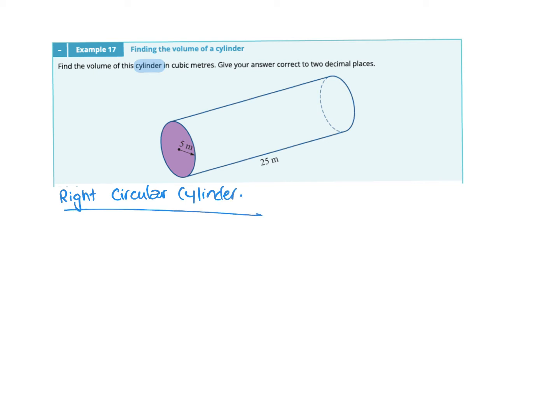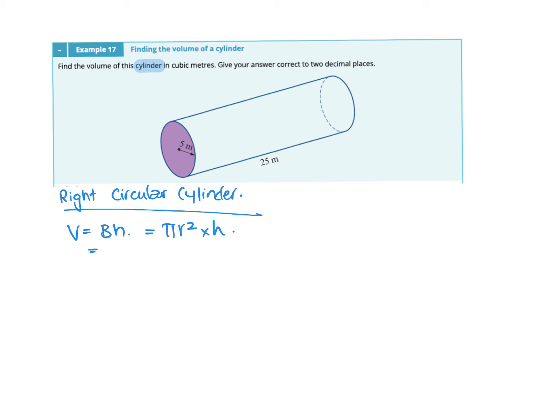We're going to look at the formula there, and it says the volume is the area of the base times the height. You might want to change that on your formula sheet to the actual formula. We know the area of a circle is pi r squared, and then you times it by the height. So on your back sheet, change your cylinder and write it like that next to the volume so you have it.